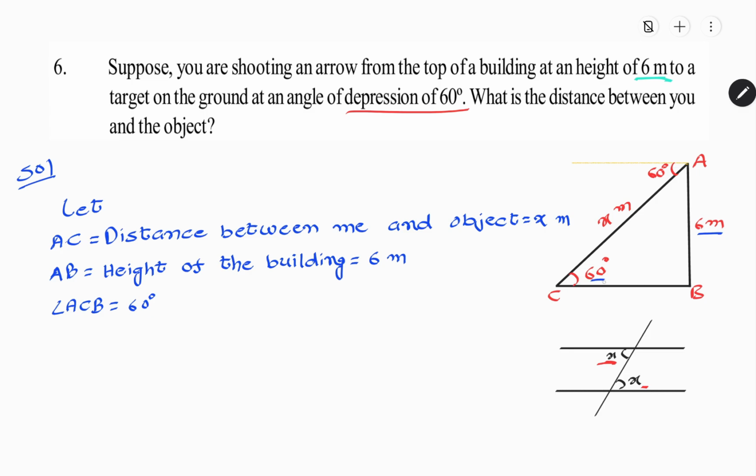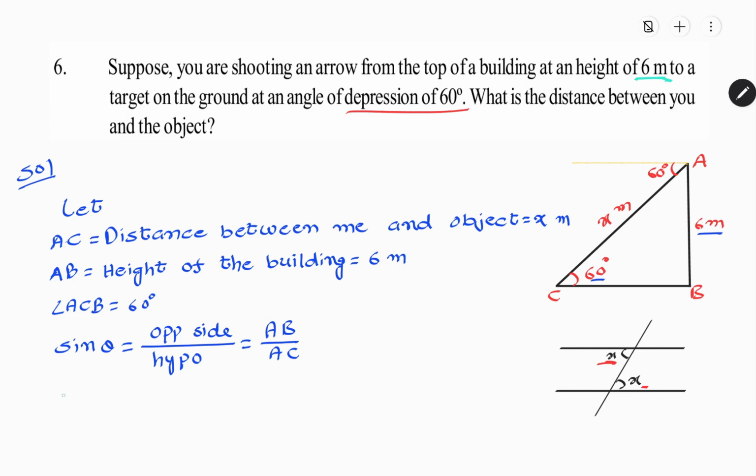Here for this angle we have the opposite side and we need to find the hypotenuse. So we need the sine ratio. Sin theta is equal to opposite side by hypotenuse. Here the opposite side is AB and the hypotenuse is AC for the angle 60 degrees.